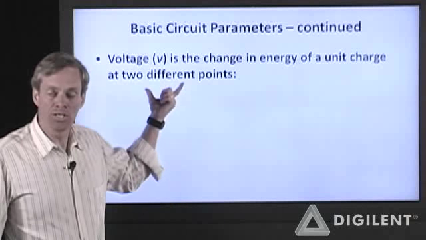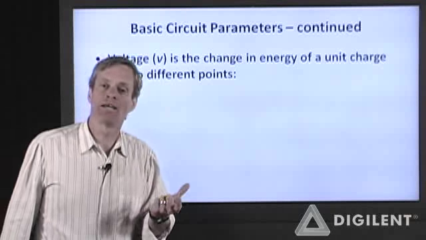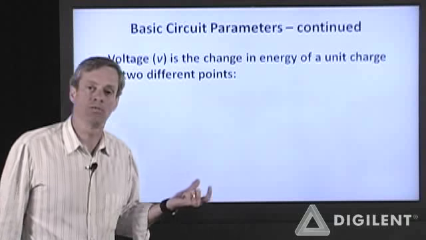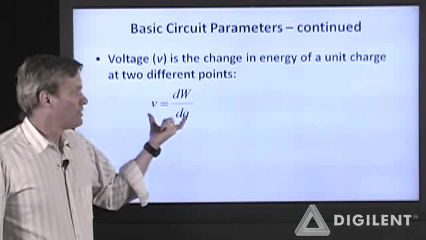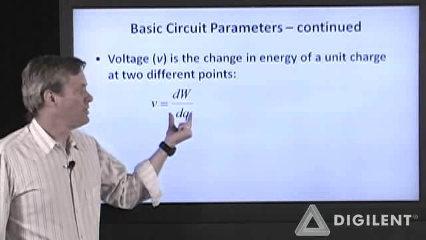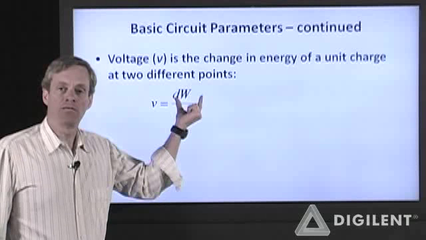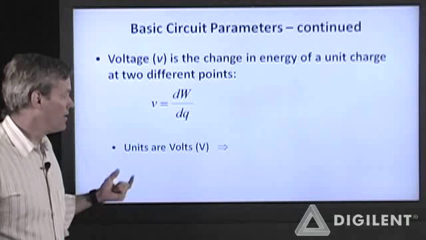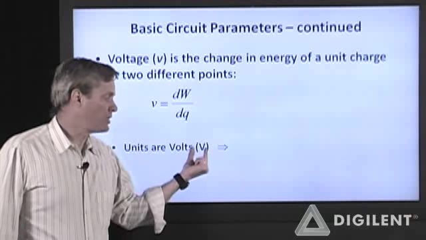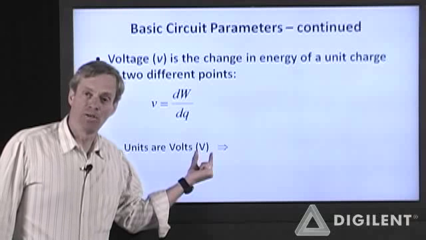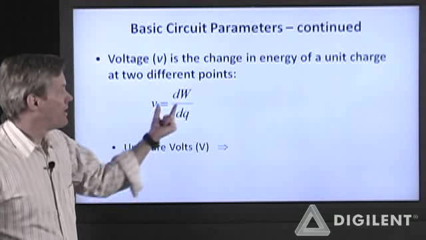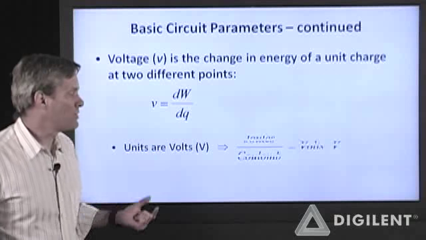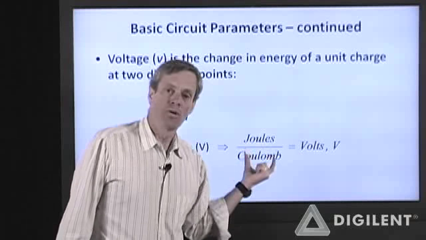There's going to be a voltage difference that characterizes the difference in energy of those two charges, or that one charge at two different locations. So voltage is dW/dq, or a rate of change of energy with change in charge. Units of voltage are volts, capital V. Units of energy are joules. Units of charge are coulombs. Volts are joules per coulomb.